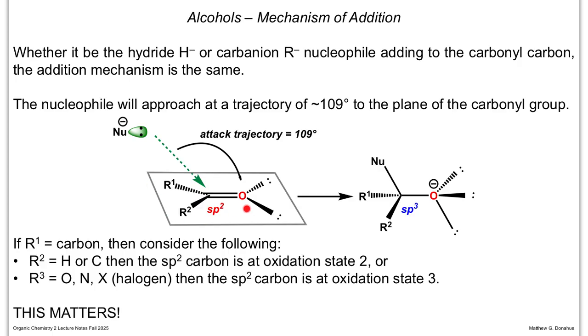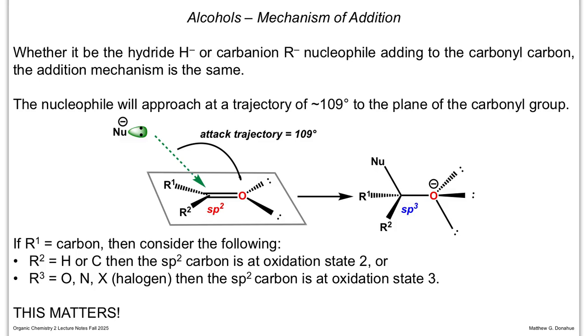And this parallelogram or rhombus or whatever it is is meant to represent the plane of that carbonyl. So from that plane to the nucleophile, that angle is 109. The reason it's 109 is because now the hybridization in the product is sp3.